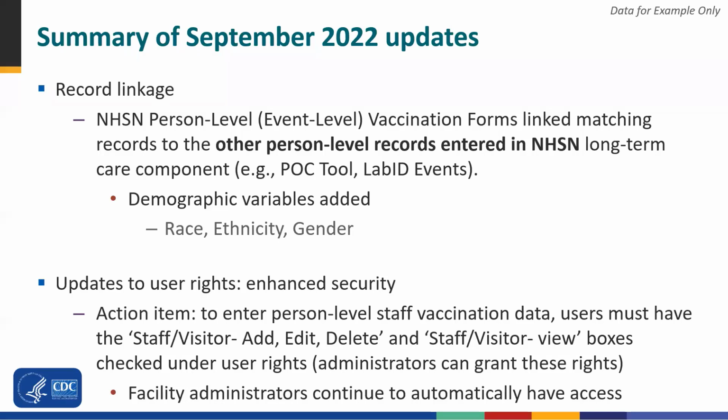So I'll go into these updates now, just providing a summary of the changes that were made and why they were made, and how they should be functioning in the application. First, the main change was the record linkage of the NHSN person level or event level vaccination forms to matching records in other person level tables entered in NHSN, such as in the NHSN long-term care component, such as the POC tool or the lab ID events.